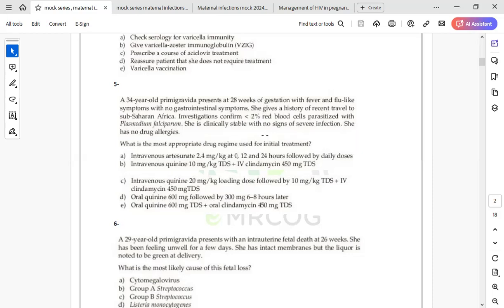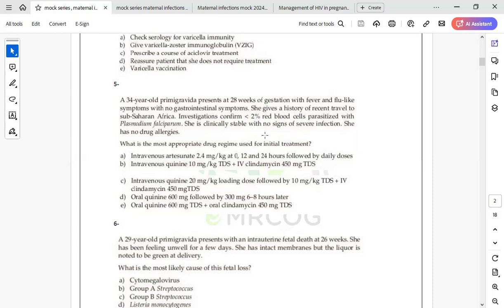Okay, if you are having a case of mild malaria, are you going to admit her or let her have her treatment at home? I'm really happy that some of you got it wrong.